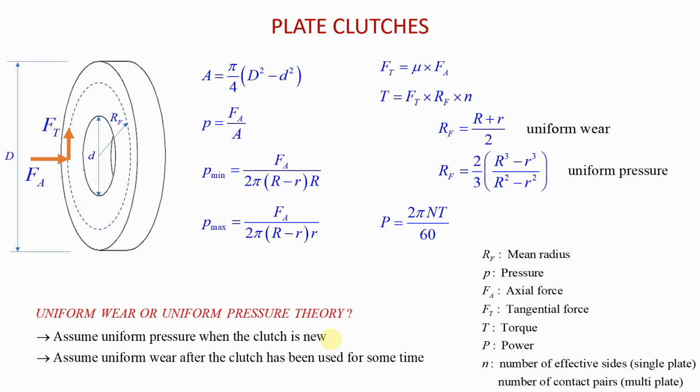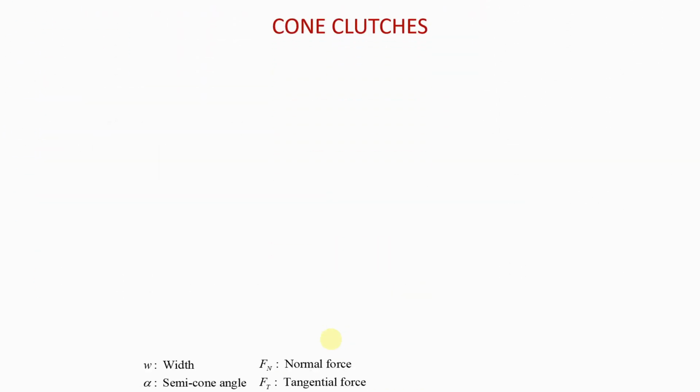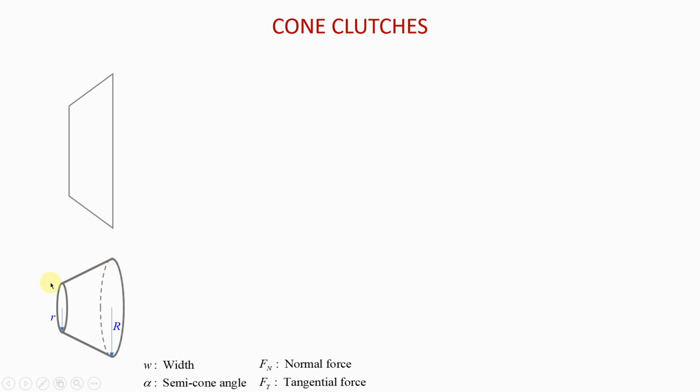Okay, very important. After the plate clutch, we will look at the cone clutch. This is what it looks like in 2D. In 3D, a simplified picture of a cone clutch is this. It's also referred to as a conical clutch. It's the same thing, and the reason is obvious.